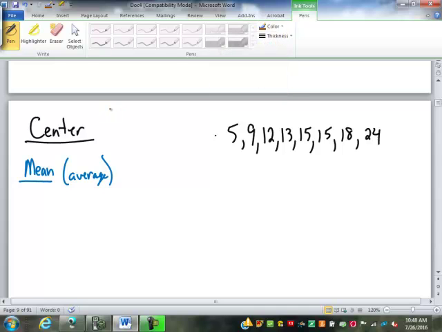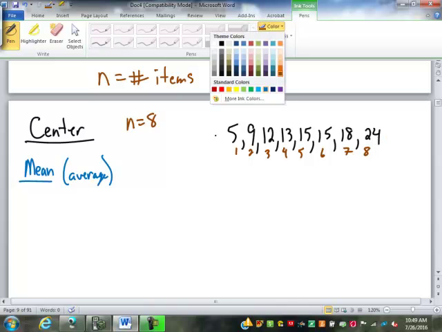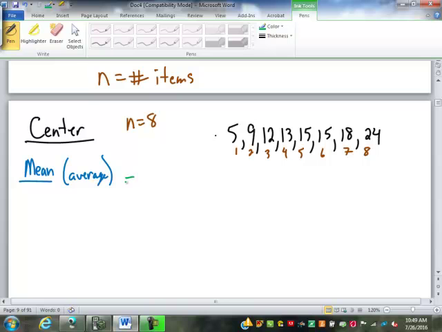Now I'm going to define n as equal to the number of items in the list. So for this case, n equals how much? 1, 2, 3, 4, 5, 6, 7, 8. So n equals 8. So my average is calculated by adding them up.